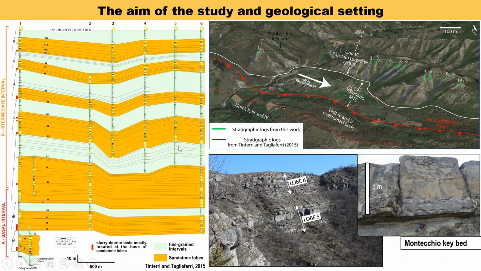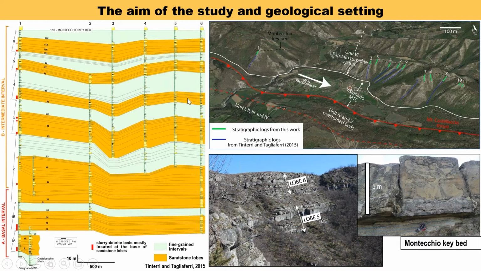This system was previously studied through 6 stratigraphic cross-sections that comprehend the stratigraphic interval from the Visignano mass transport complex, which is located at the base of this unit, until the Montecchio bed, which is a very thick bed that we can see here and that can be traced all through the study area.